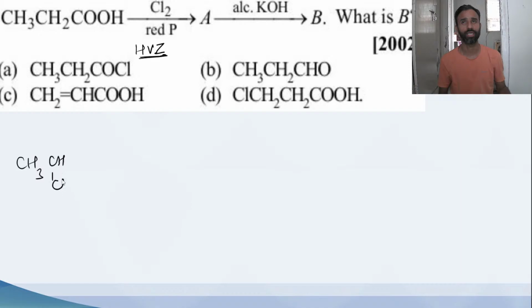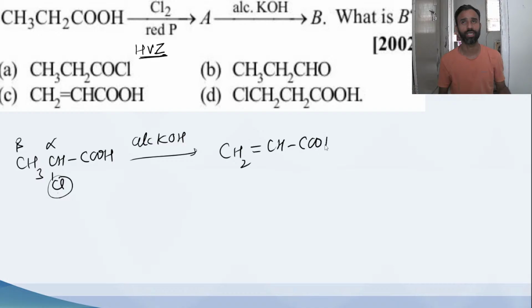It becomes CH3 alpha chloro product. Then with alcoholic KOH, beta elimination takes place. With respect to chloro, it is alpha, beta. So it gives CH2=CHCOOH. That means C is the right option.